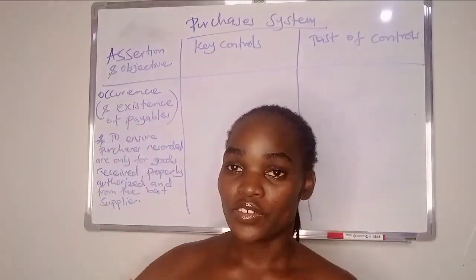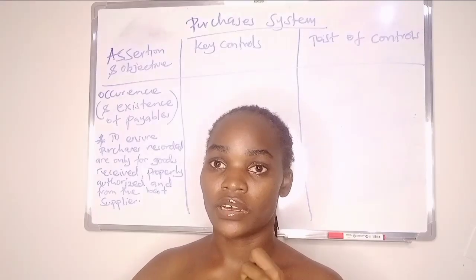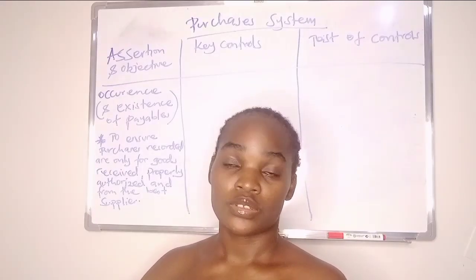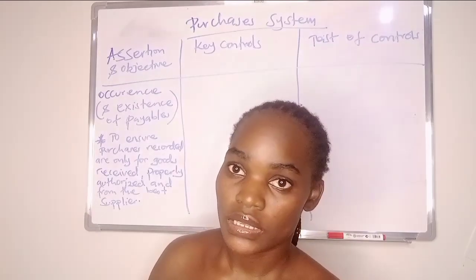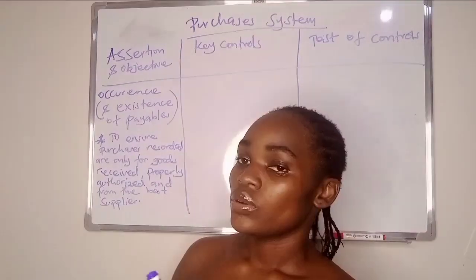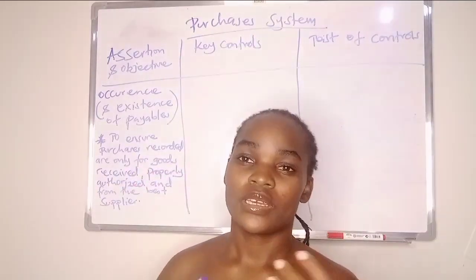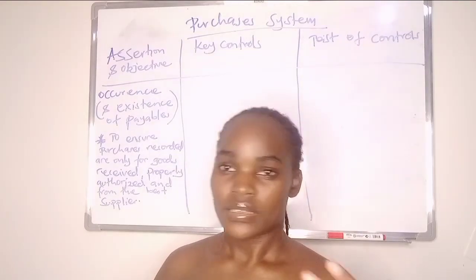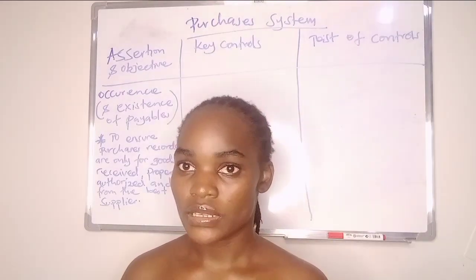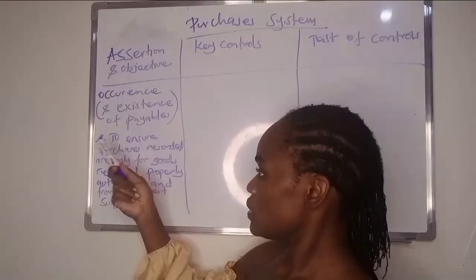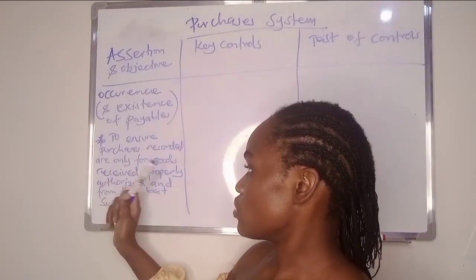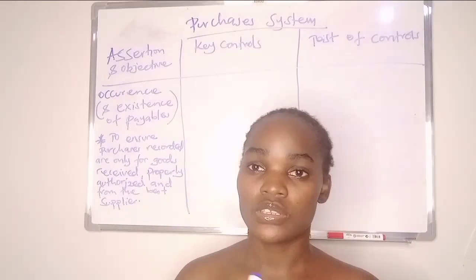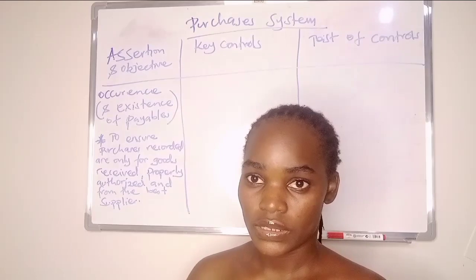Then existence of payables to see if those creditors really exist. So here for occurrence, you're making sure that something real took place. So the objective is to ensure that the purchases recorded are only for goods that were received.